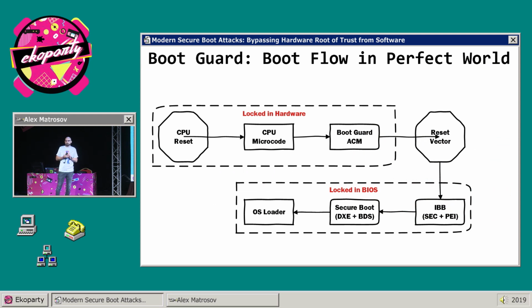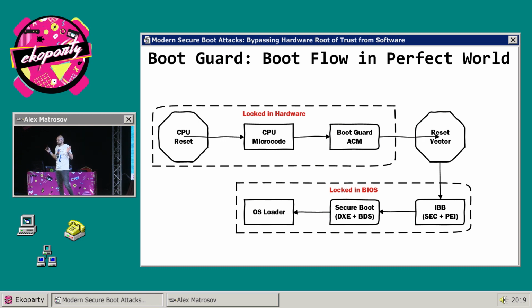This is the boot flow for BootGuard, and let's see how it should work in the perfect world. We have a CPU reset, and the microcode makes attestation for the BootGuard Authenticated Code Module, and the Authenticated Code Module makes attestation, even before the reset vector, for the IBB hash, which is kind of like a hash for the first stage of the BootGuard technology, and it makes attestation for the transition from the ACM to starting loading the BIOS in the actual boot process.